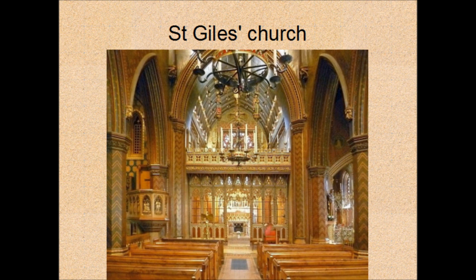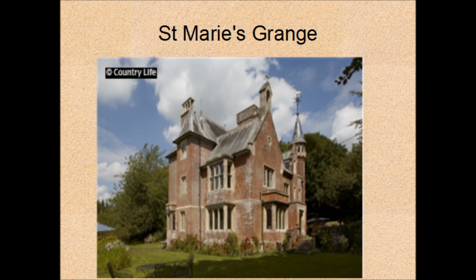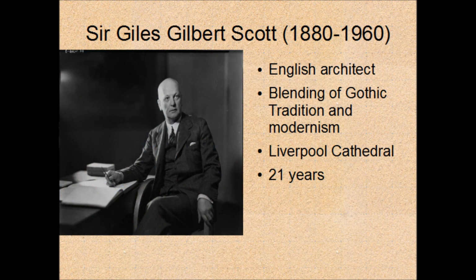He also worked on numerous designs for churches, houses, ironwork, and all sorts of furniture. His other finest works are St Giles Church at Cheadle in Staffordshire, St Mary's Grange, the Nottingham Cathedral, and St Augustine's Church.